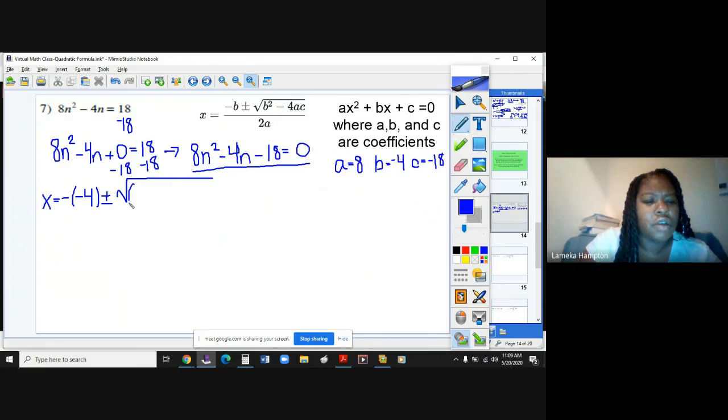All right. So I have -4, because remember, B is negative, but because I have a negative B here, I have to put a negative, which will turn into a positive momentarily. Okay.